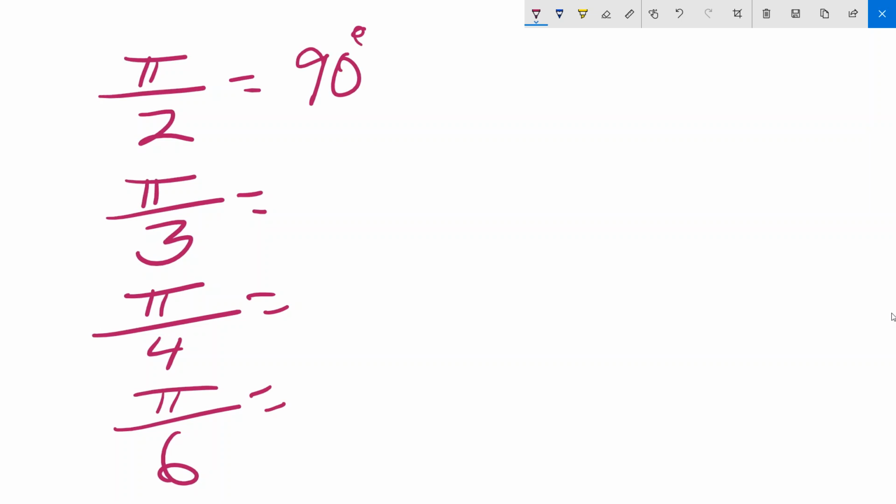Pi over 3 is 60 degrees. Notice the pattern? Tell me what the pattern is. 2 times 90 is 180. 3 times 60 is 180. What's the next answer? 4 times 45 is 180. What's the next answer? What's pi over 6?